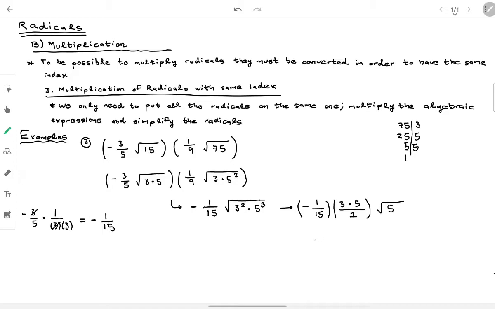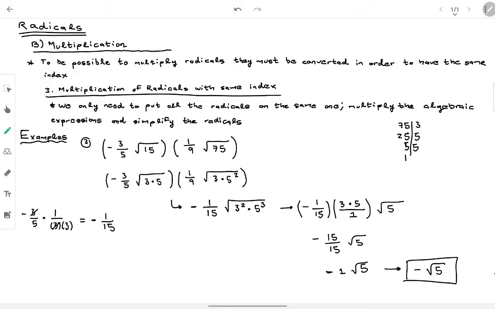So here we will have minus 15 divided by 15 that multiplies the square root of 5. Minus 15 divided by 15 is going to be only minus 1. Remember, we don't need to put the minus 1. I will put it here only for explanation purposes. So our final answer is going to be only minus the square root of 5.